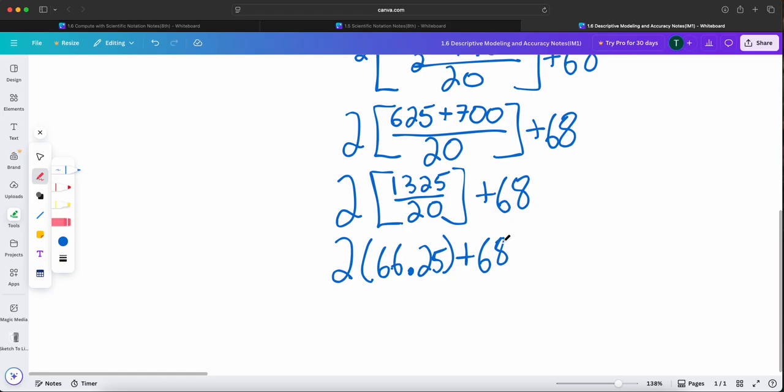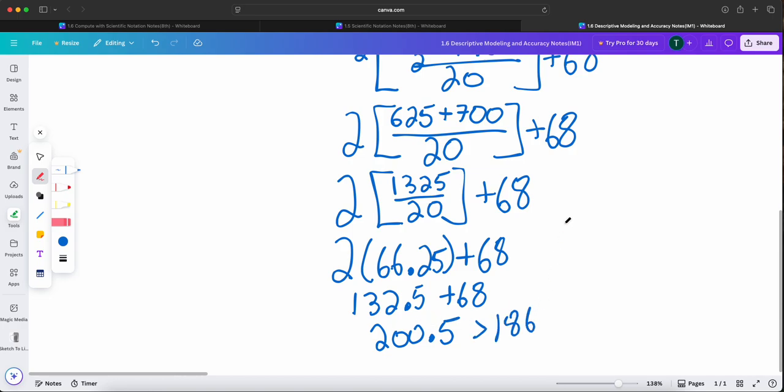If I take 2 times that 66.25, I get 132.5 plus 68. Which if we add those, we get 200.5. So it says that to qualify for this one, you had to have 186 or higher. So 200.5 is greater than 186, so they would qualify.